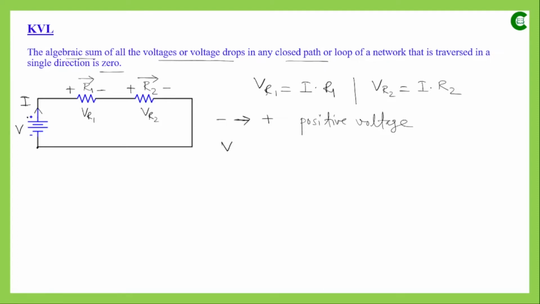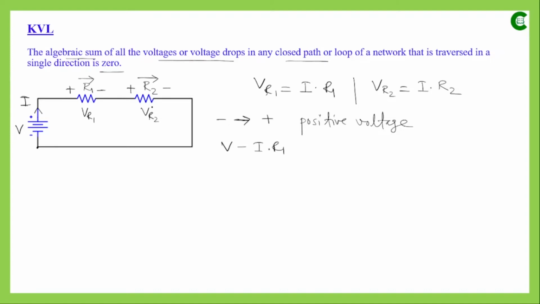Negative to positive we consider as positive voltage, so when we traverse from positive terminal to negative terminal, that voltage will be taken as negative. So this voltage value, I multiplied by R1, will be taken as negative, so it will be minus I R1.